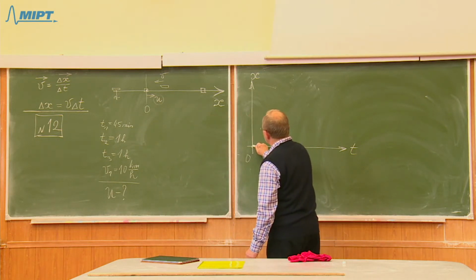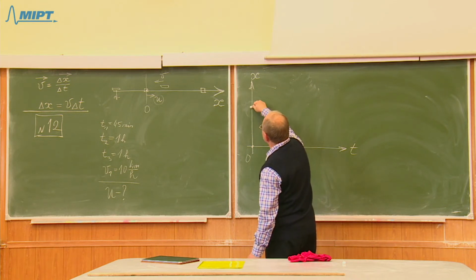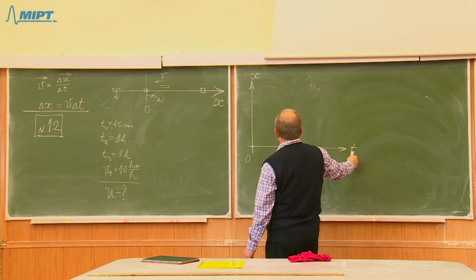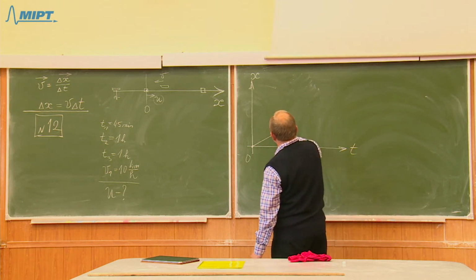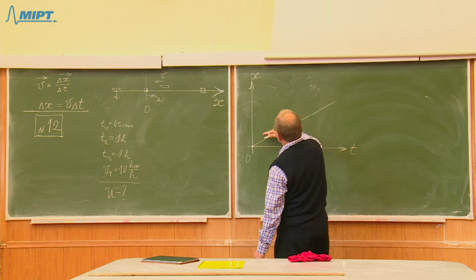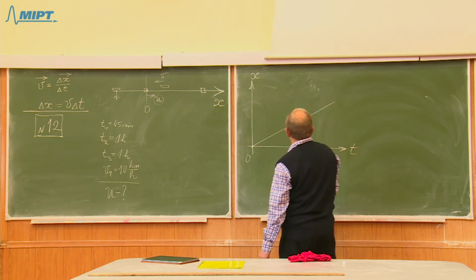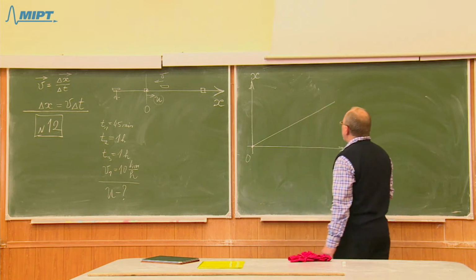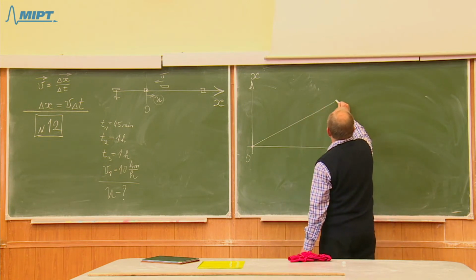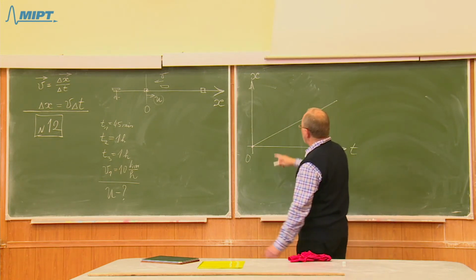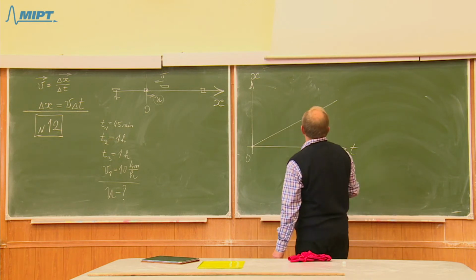So the raft goes from this point. The coordinates of the raft must be shown along the vertical axis x. As the time goes on, the raft goes to the positive direction of the x-axis. So that will be the line showing the change of raft coordinates in time.